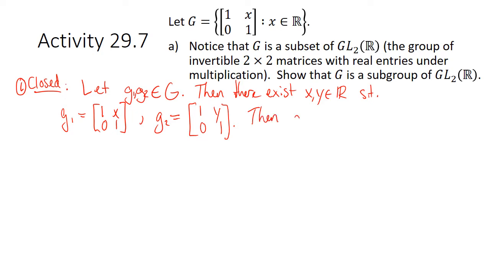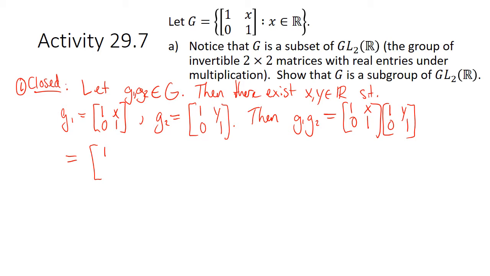So what is G1 times G2? I'm going to multiply these two matrices. Hope you remember matrix multiplication, kind of important. I'll do the first row times the first column: that's 1 times 1 and x times 0, so that's just 1.